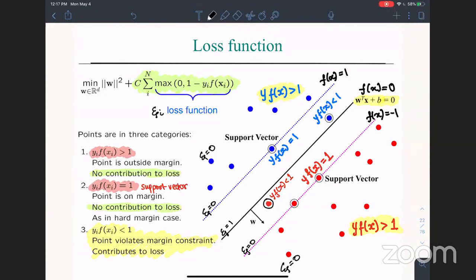No, so think of this C as a regularizer, right? Because if there was no extra term in the loss function, you're basically learning a hard margin where you know beforehand your training error would be 0. So you're learning a model which is too strict, and your ultimate goal is to have 0 training error. What do this C and eta i tell you? They tell you, hey, give me some slack.